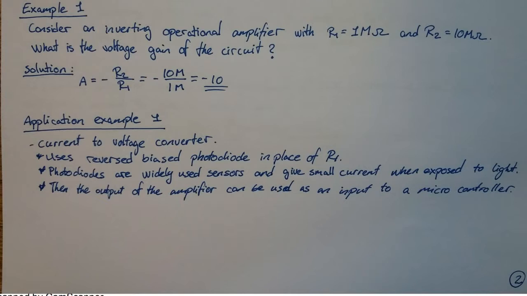You can use a reverse biased photodiode in place of the resistor in the signal line for R1, and photodiodes are widely used sensors that give small currents when exposed to light. Then the output of the amplifier can be used as an input to a microcontroller. Looking at this, you have the change in current giving a changing voltage signal on the output that you can send into the microcontroller and analyze.